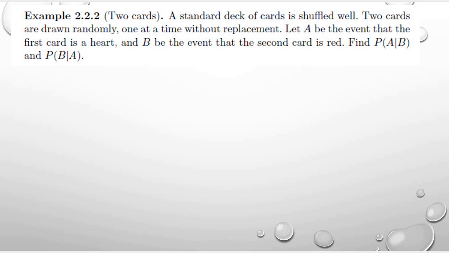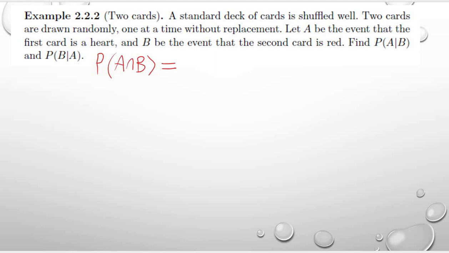Given my formula for these conditional probabilities, I'm going to want to start with the probability of A intersection B. What happens if these events are both true? First I get a heart, then I get a red card.